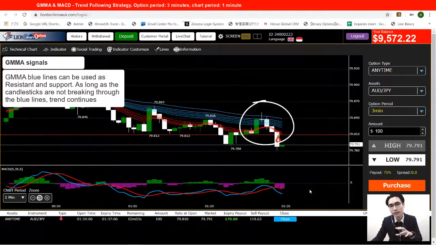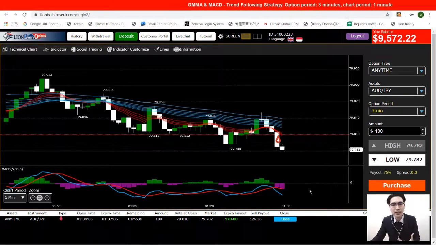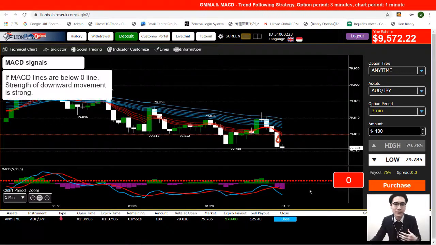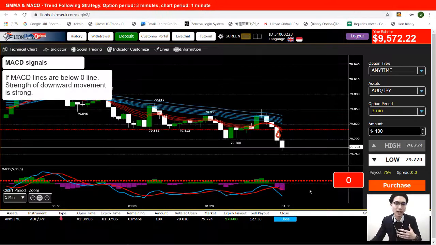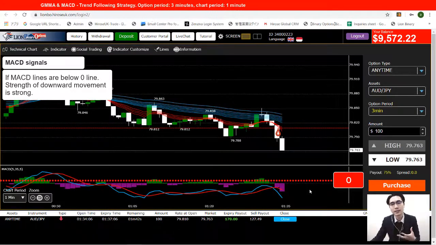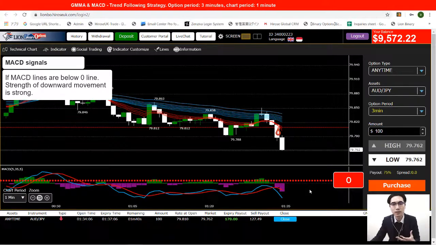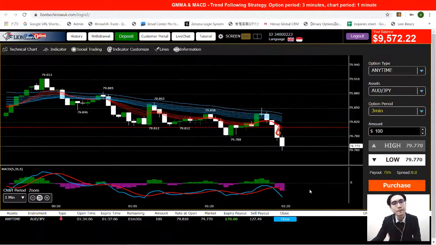So as long as the candlestick doesn't cross the blue lines, the possibility for the downtrend to continue is strong. And if we look at the MACD, it actually continues to develop below the zero line, meaning the downtrend is continuing and is quite strong. So that is just a retracement of the trend. That's why I opened my trade there.